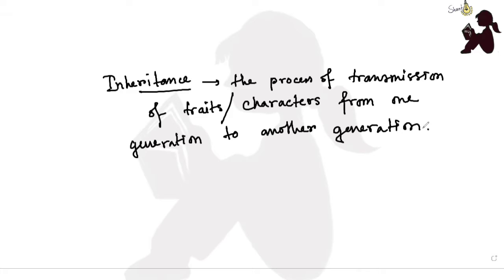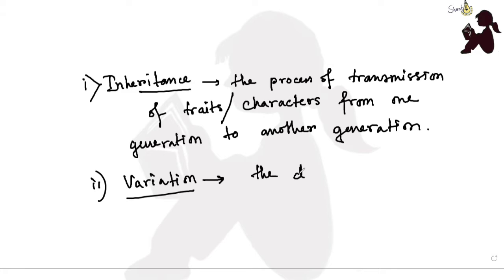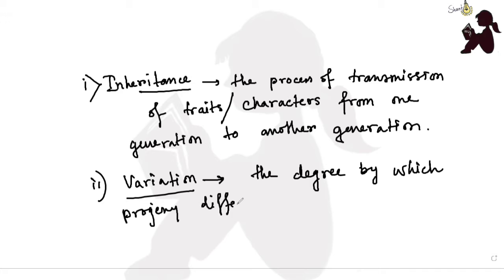And another terminology is variation. Variation means the degree by which progeny differs from the parents.